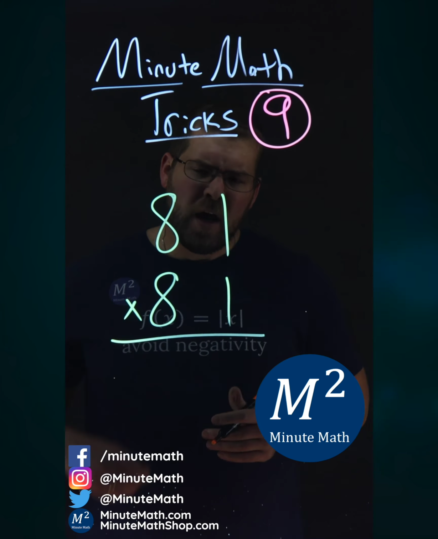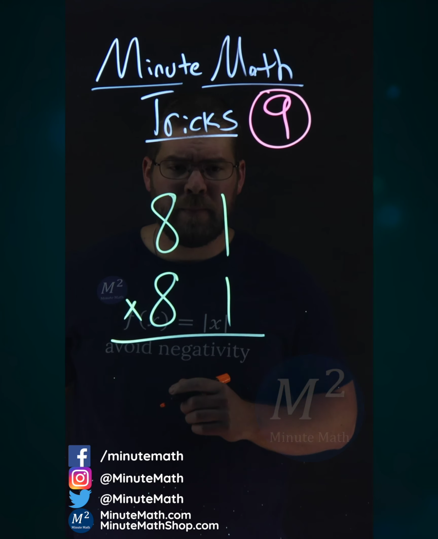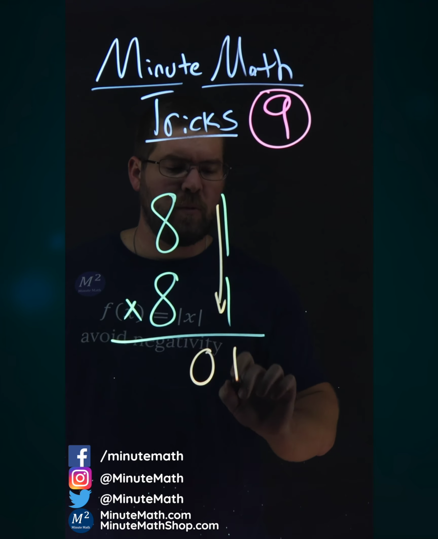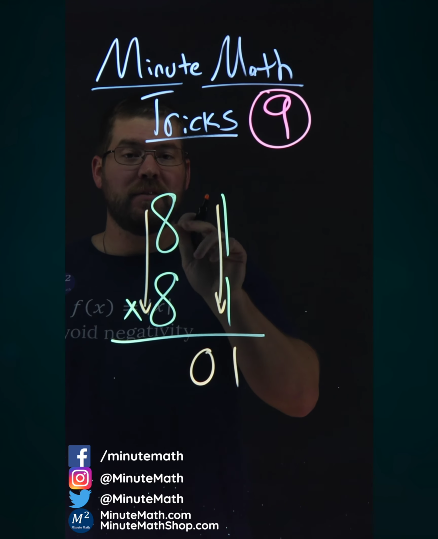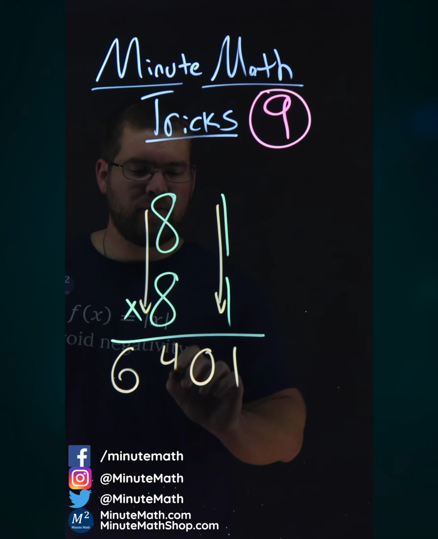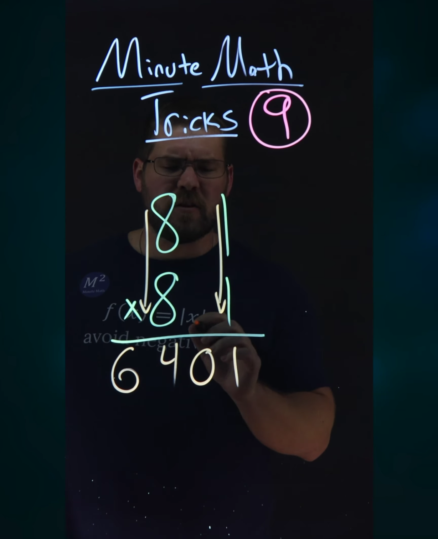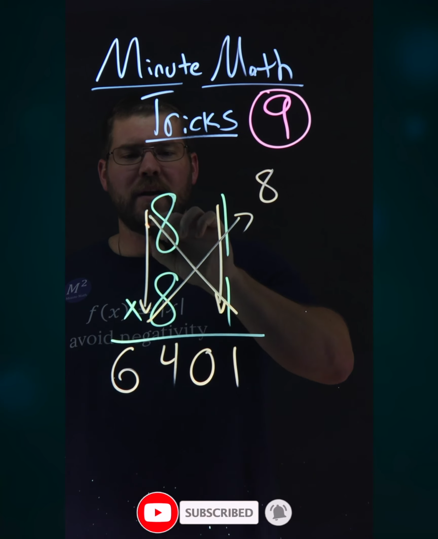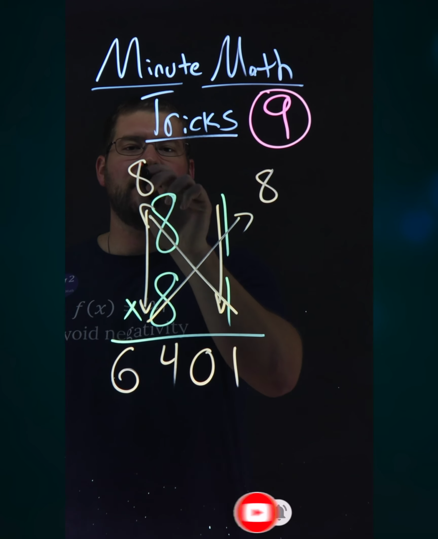We have 81 times 81. Let's multiply down. 1 times 1 is 01. 8 times an 8 is a 64. Now let's do some cross multiplication. 8 times a 1 is an 8, and 1 times an 8 is also an 8.